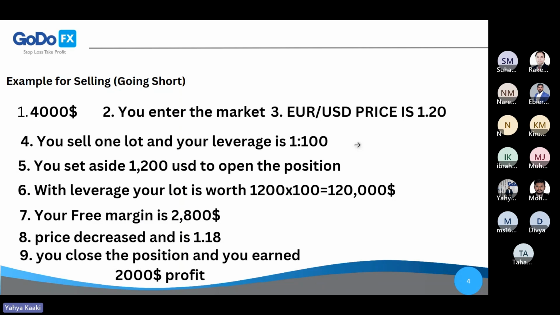So leverage is something that is provided by the Forex broker company. Why? If I have $1,000, I can't buy a whole ounce of gold, since an ounce of gold today is around 1950 something, and it was 2000 a while ago.